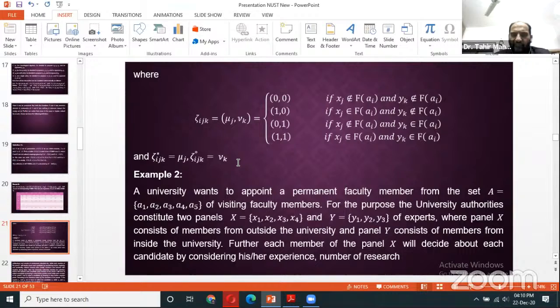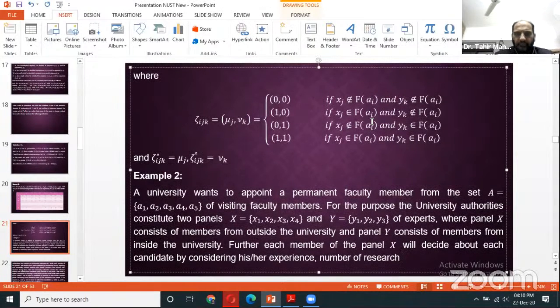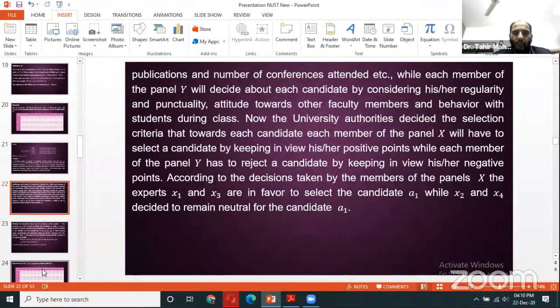Each member of the panel X will decide about each candidate by considering publications and number of conferences attended, etc. While each member of the panel Y will decide about each candidate by considering his or her regularity and punctuality, attitude towards other faculty members, and behavior with students during class.